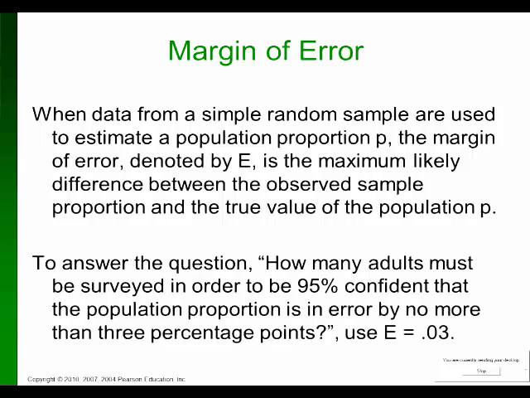So the only thing we haven't talked about is that E that's in the denominator, and that's called the margin of error. I am almost certain that if you have watched any news in the last year, you've heard poll predictions about Obama winning versus Romney winning. I don't know what the current numbers are, but it appears to be the closest race in the past several decades.